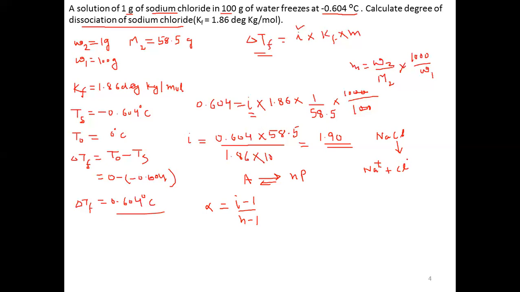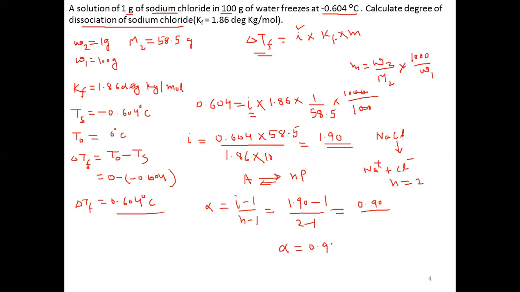That means it gives two ions. So that means n is 2. So putting these values, alpha is i, we have calculated it is 1.90 minus 1 divided by n is 2, 2 minus 1. 2 minus 1 is 1. 1.90 minus 1 is 0.90. So this is the degree of dissociation. So it was easy, 0.90.